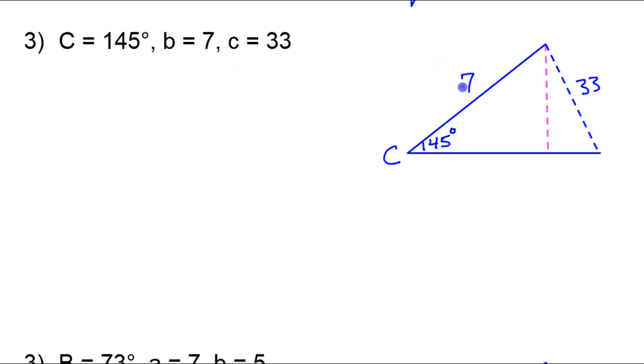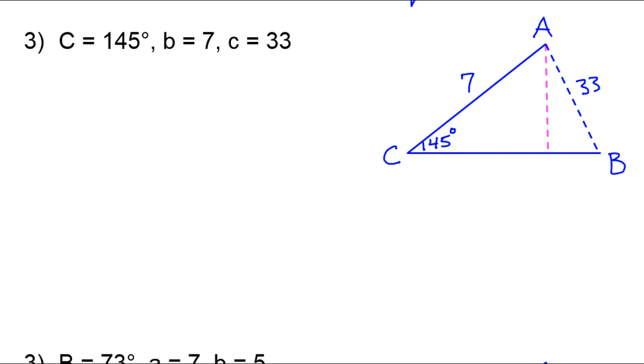So if this is side b, then that makes this angle B. And if this is angle C and this is angle B, that means this would have to be angle A. So that's how I would set up the picture as soon as you see that you have two sides and an angle. Okay, so now we can see that we have side-side angle because it's two sides and the non-included angle. So we know that this is the ambiguous case.